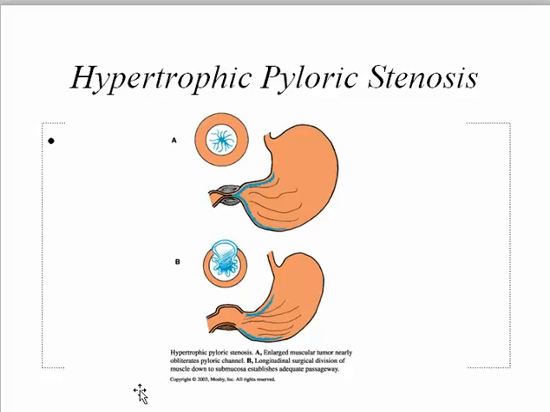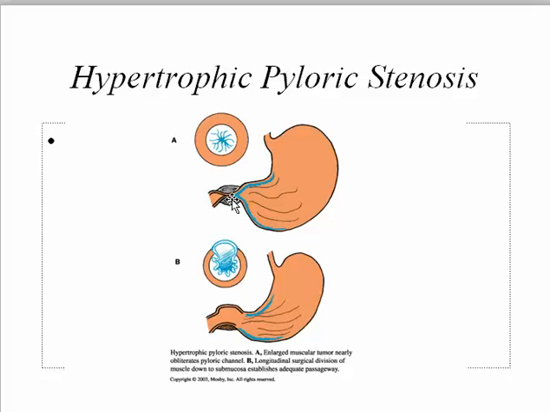Okay, so now we're going to move on and talk about pyloric stenosis, or hypertrophic pyloric stenosis. In this slide, you see the image of a hypertrophic pyloric stenosis. That's this top one.